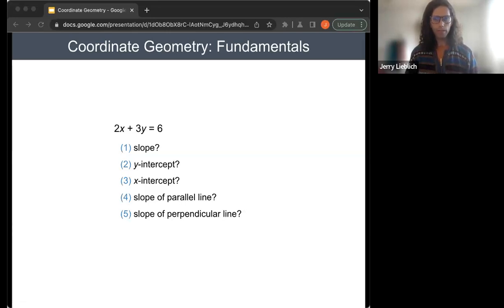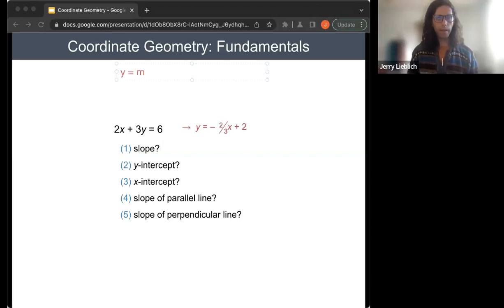So when we're looking at this, the first thing that we want to do is to take this equation and put it into our standard equation form for coordinate geometry, which is y equals mx plus b.